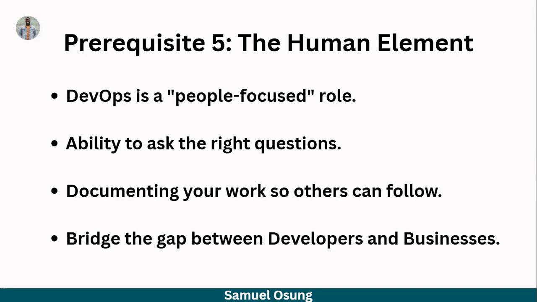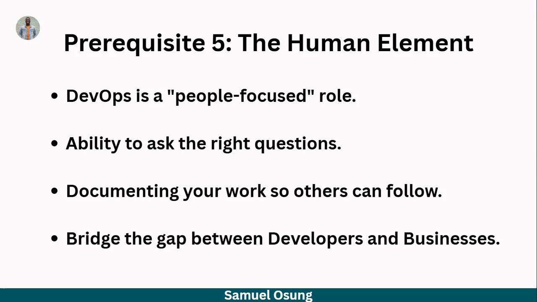So now, one of the most underrated prerequisites is the human element. I term it human element because it is the combination of communication and teamwork. So DevOps is not about working alone. We had already established the fact that DevOps is about developers, operations, and businesses working together.